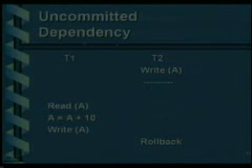T1 has read the value of A, which was a ghost value, which was never in existence, right? So in the uncommitted dependency, T1 has read a value which was not committed, and that's why this kind of problem can occur.